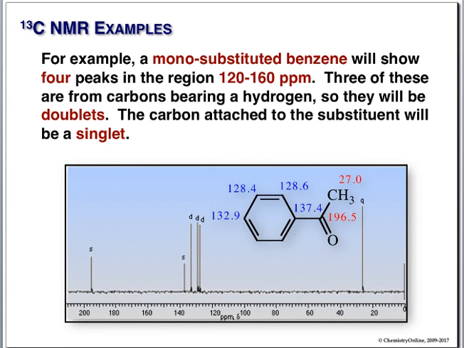This is for acetophenone. Here we have a carbonyl. Now this is a ketone, but because we've got conjugated with the benzene ring here, it's dropped down just slightly less than 200, and it's here as a singlet. It's a singlet because what? No hydrogens.